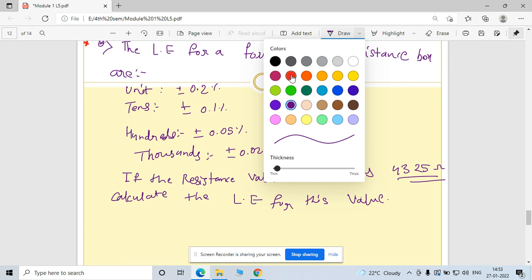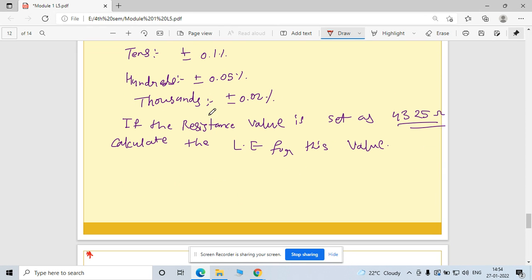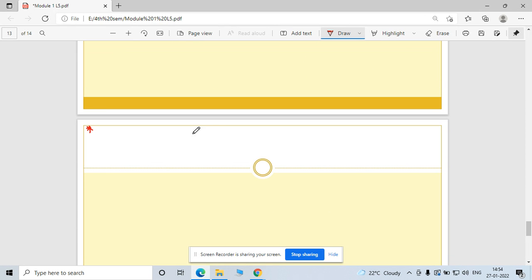So सिंपल है. All probable errors are given to you, and your full scale is also known to you. 4325 is your reading, right? So this is your unit place, this is your 10th place, this is your 100 place, and this is your 1000 place.